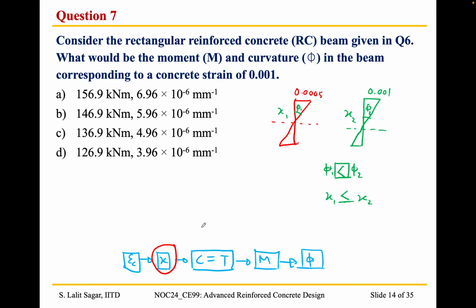If we are able to crack the value of x accurately, so that the value of C is equal to T, then all your calculation becomes very easy. I hope that this is clear for all the participants.